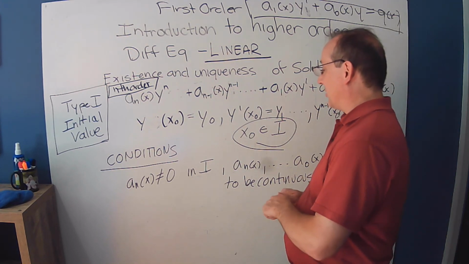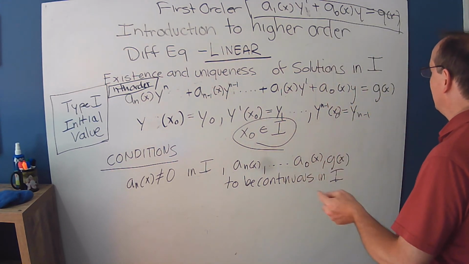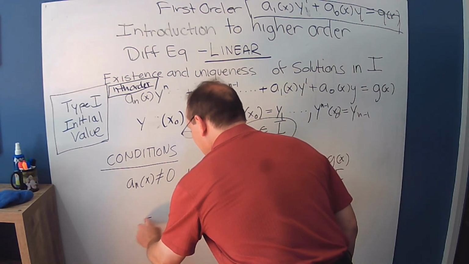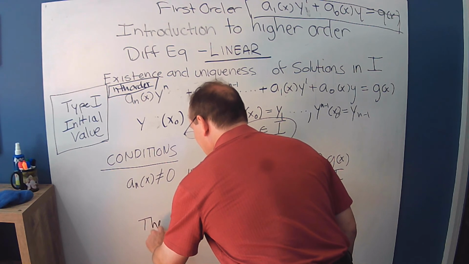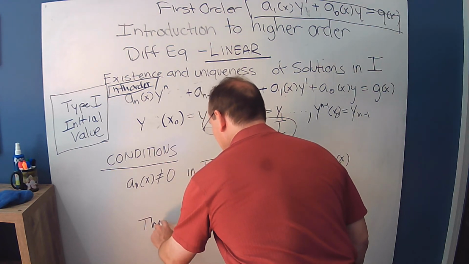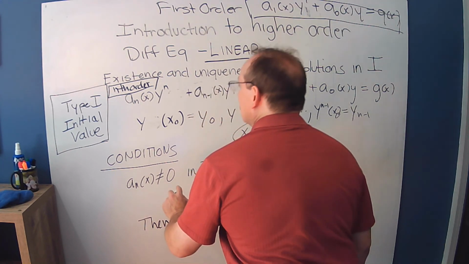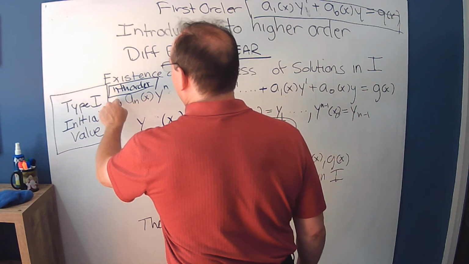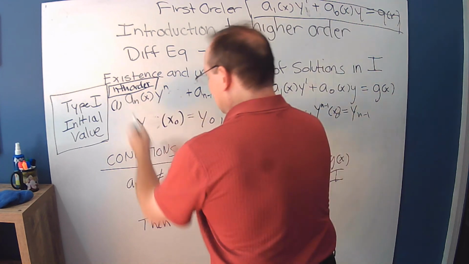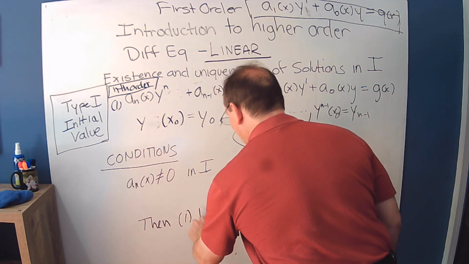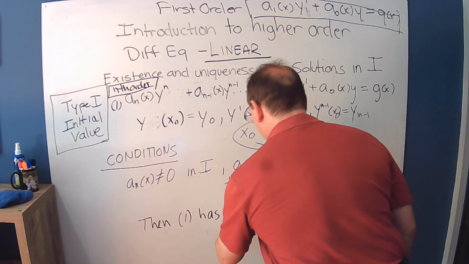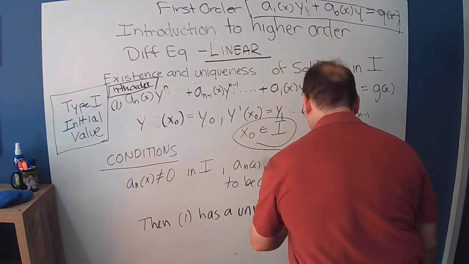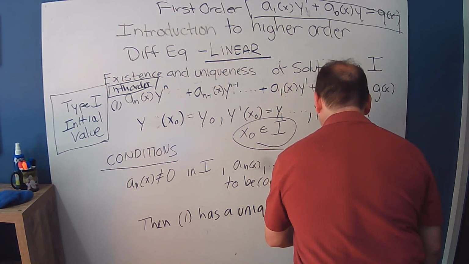So I'm going to call this linear equation that I defined here equation 1. Then 1 has a unique solution.